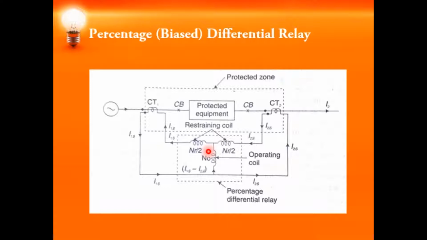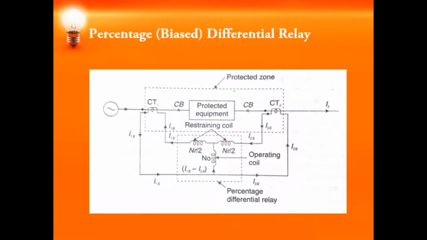If you observe here, there is a slight modification in the schematic diagram of simple differential and percentage or biased differential relay. In the simple differential relay, you don't have this restraining coil, whereas in the percentage differential relay, you have two coils. One is the operating coil and the other one is the restraining coil.